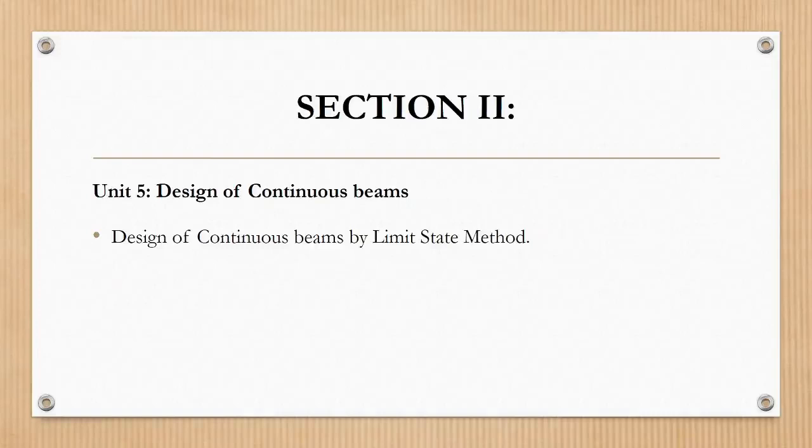In unit number 5, design of continuous beams, we will deal with the design of continuous beams by using limit state method. The continuous beams are the beams which are supported over a number of supports. If the number of supports carrying the beam is more than 2, then it is called a continuous beam.